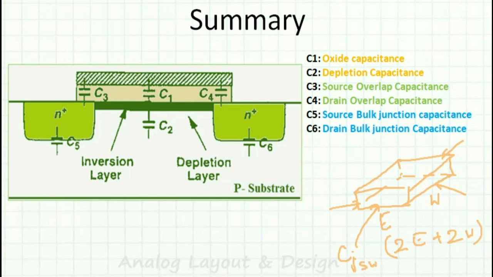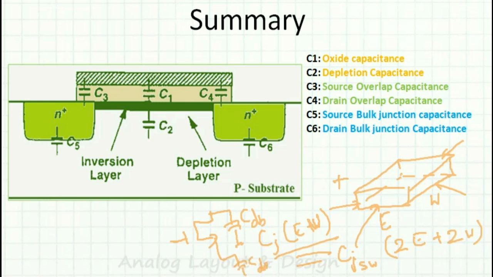Then I will get the sidewall capacitance. And along with the bottom plate capacitance, which is nothing but Cj into E into W, that is the total junction capacitance for both source and drain. And this one is generally represented as C drain bulk, CDB, and C source bulk, CSB.